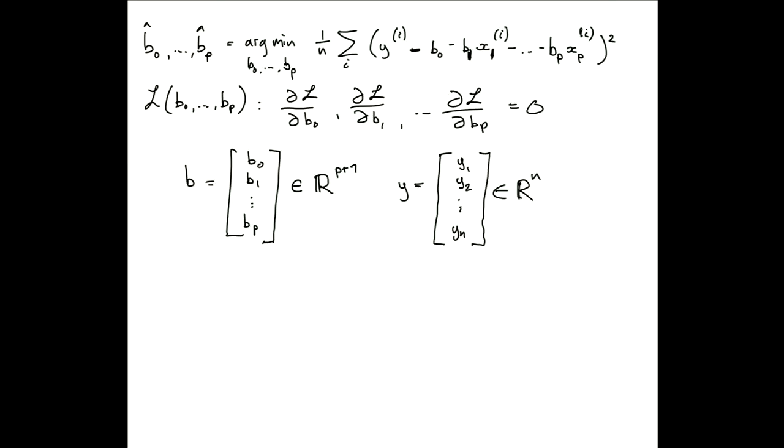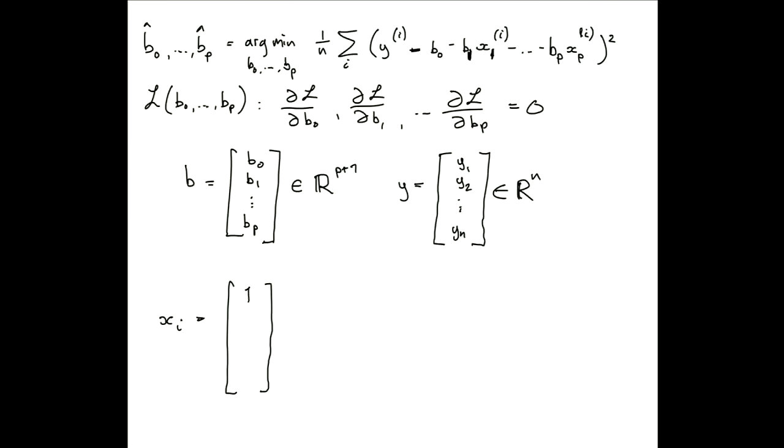So let's say we have the ith data point xi. This is also going to be a vector. We have p plus 1 parameters, and so therefore we need p plus 1 components of the data point.